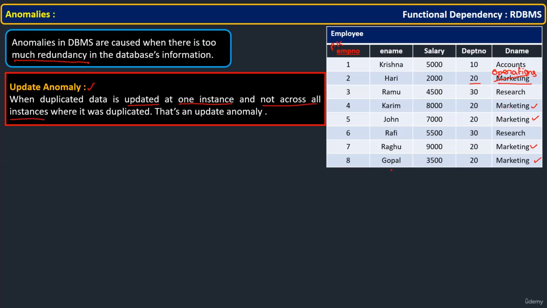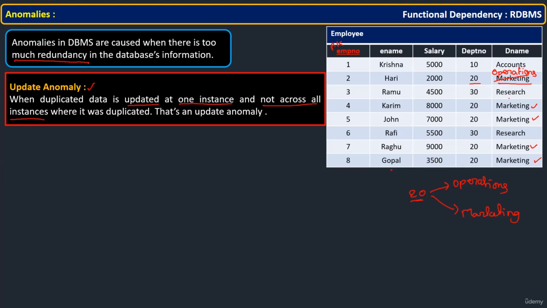Wherever marketing is there, I didn't update it. Then what is going to happen? If anybody asks what the 20th department name is, at one place we have operations, and in another place we have marketing. This is not possible, right? This is not realistic. One department number is for one department name.